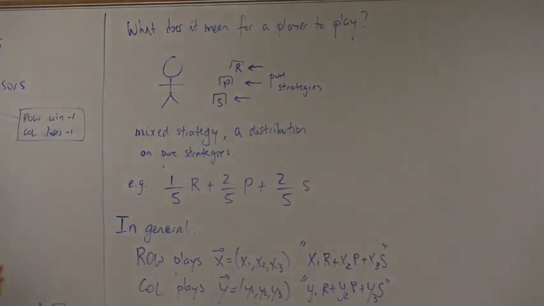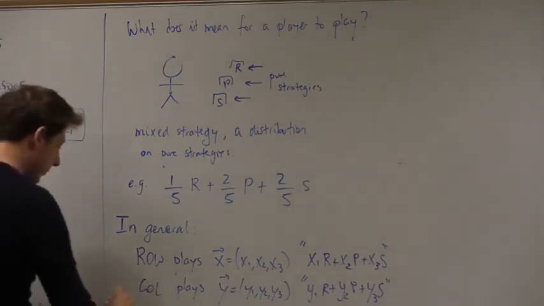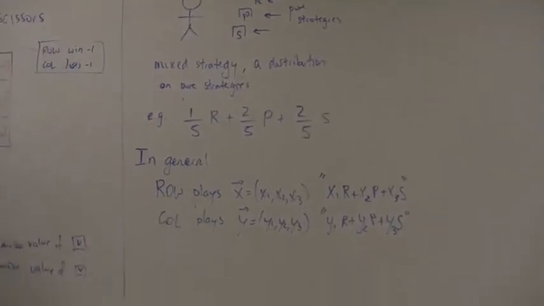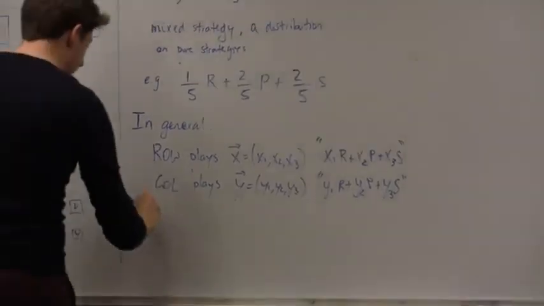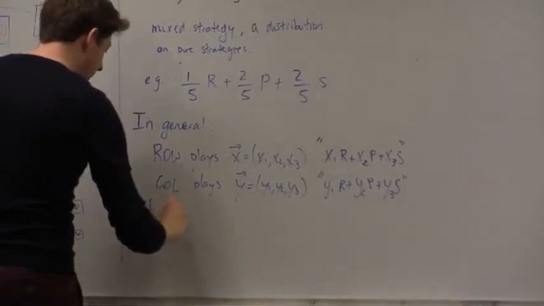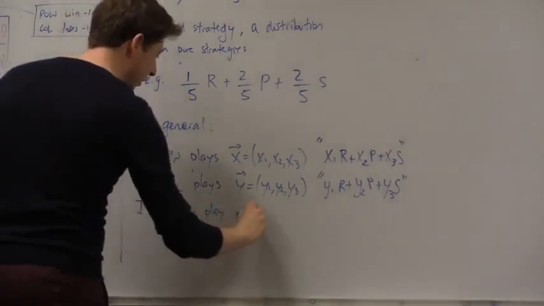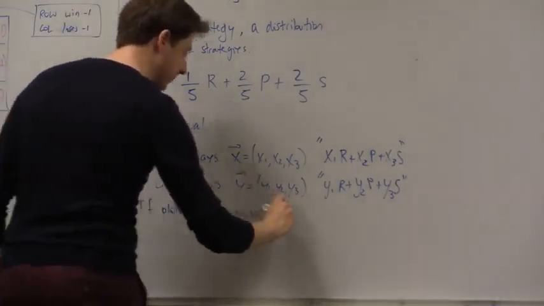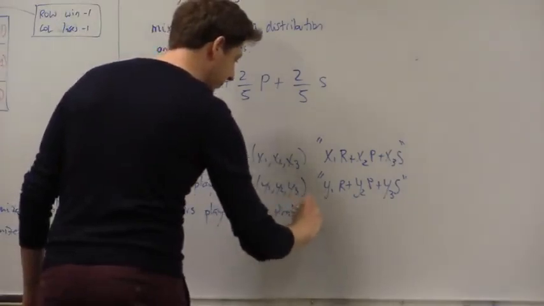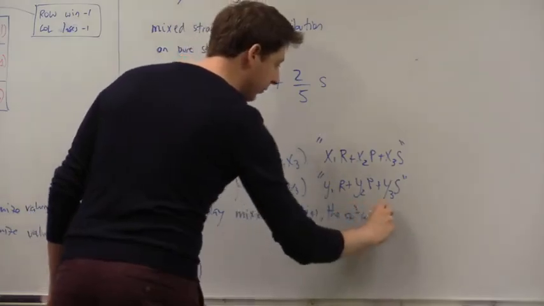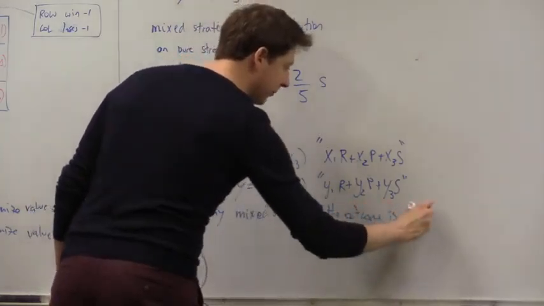Now, when this happens, the outcome of the game is a random variable. Notice that if players play mixed strategies, the outcome is a random variable.